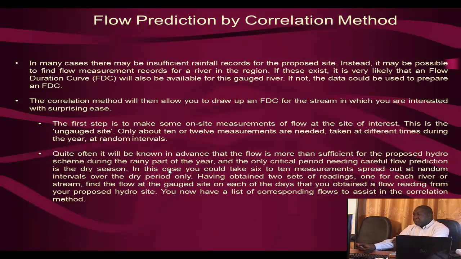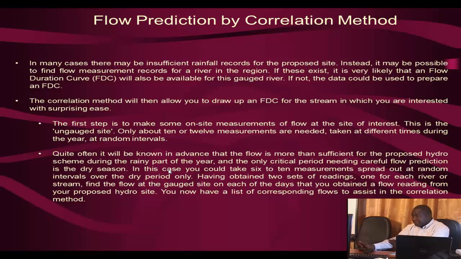Flow prediction by correlation method. Another way of determining the flow is by using the correlation method. In many cases, there may be insufficient rainfall records for the proposed sites. Instead, it may be possible to find flow measurement records from a nearby region or stream.